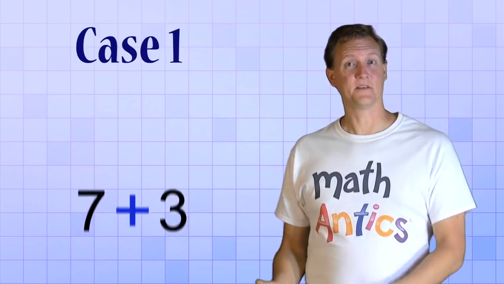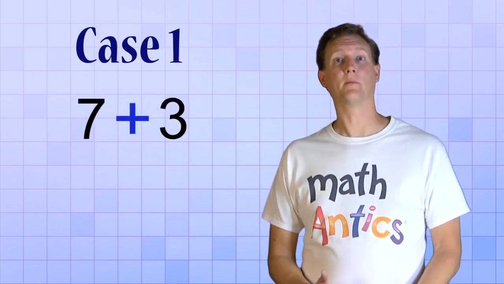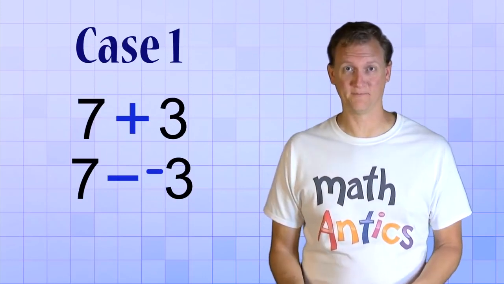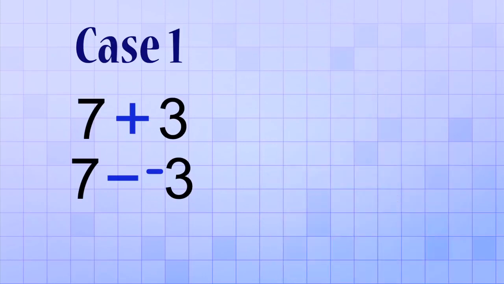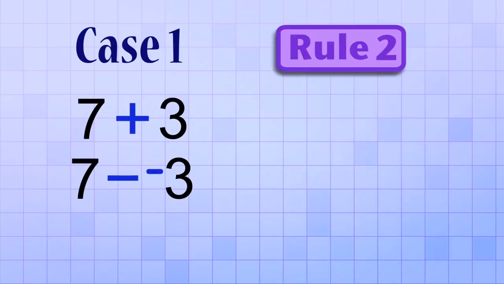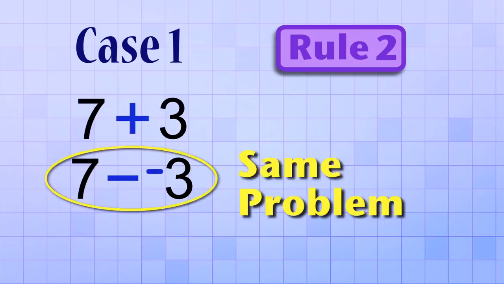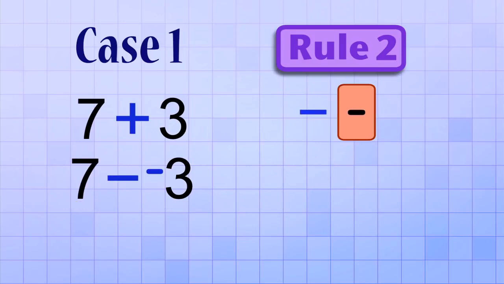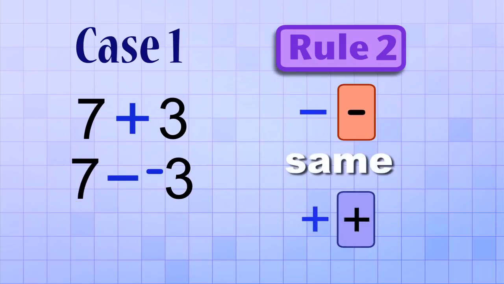But what if instead of 7 plus 3, you're given the problem 7 minus negative 3? That seems a lot harder, right? Well, if you remember rule number 2, it's not harder at all. In fact, it's exactly the same problem, because rule number 2 says subtracting a negative is the same as adding a positive.